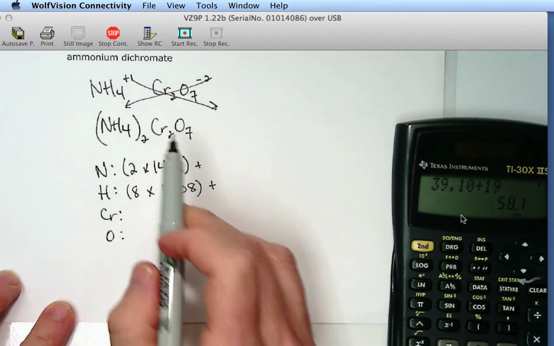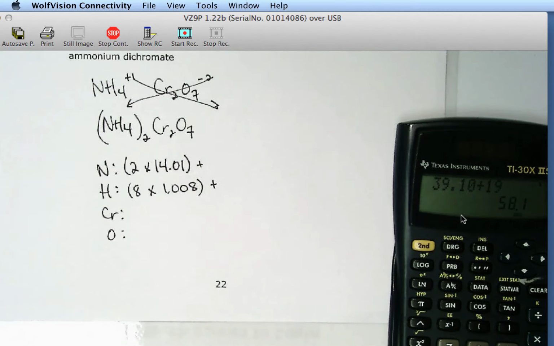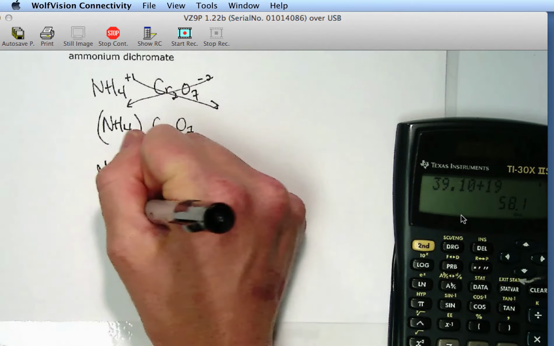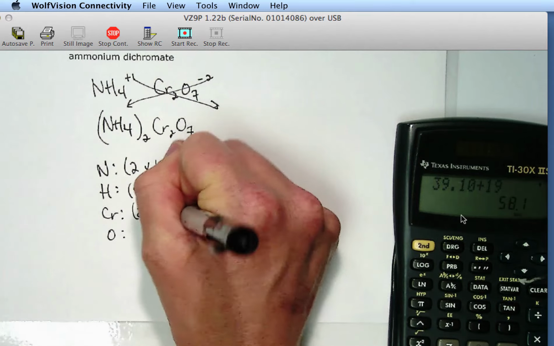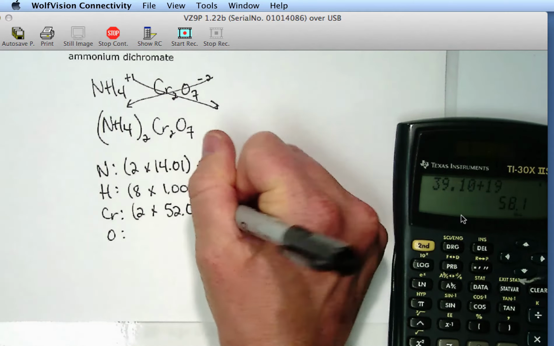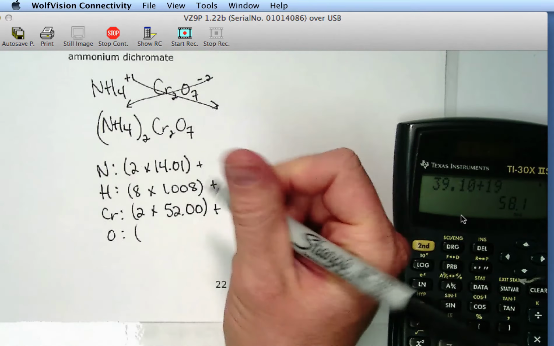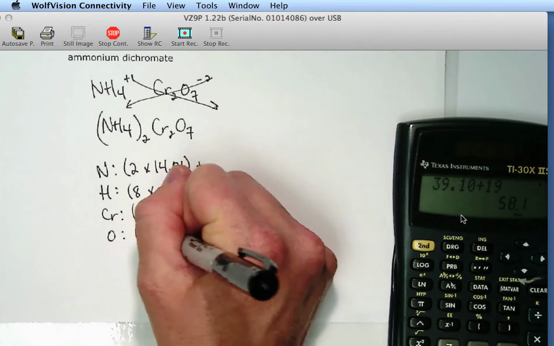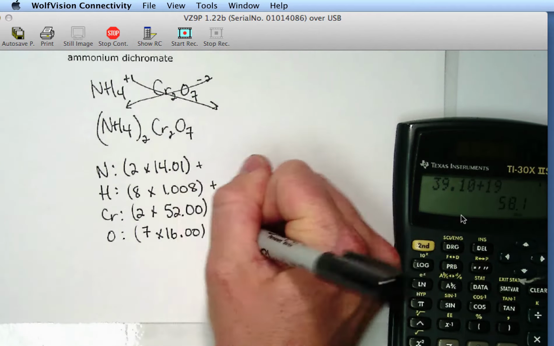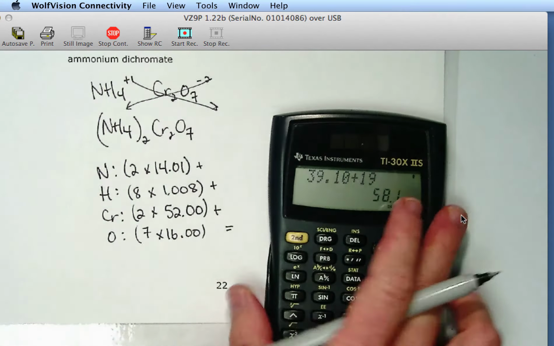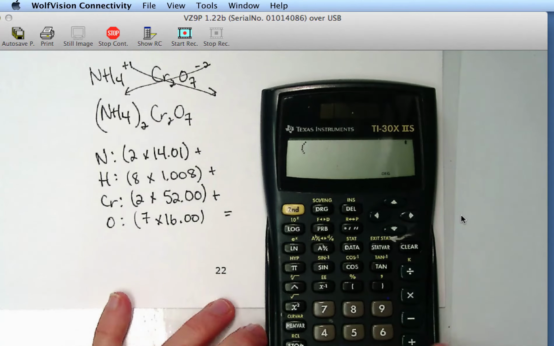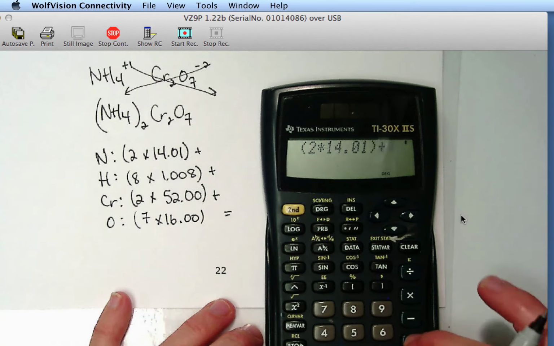Chromium: how many do we have? 2, so 2 times 52.00. And then oxygen: 7 times 16. So if you didn't come up with the right formula for this one, you might have the incorrect molar mass.